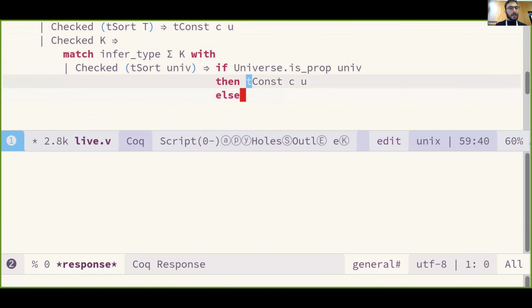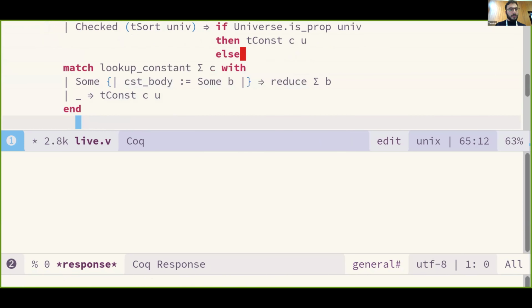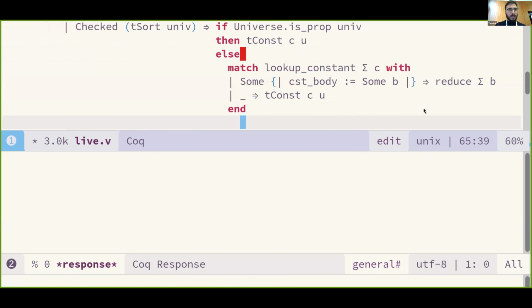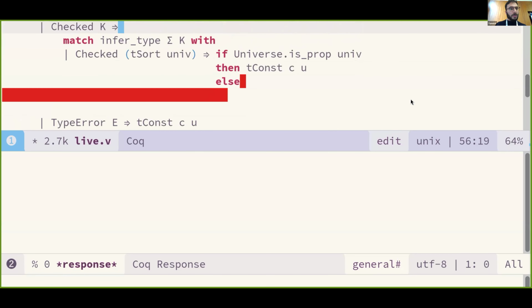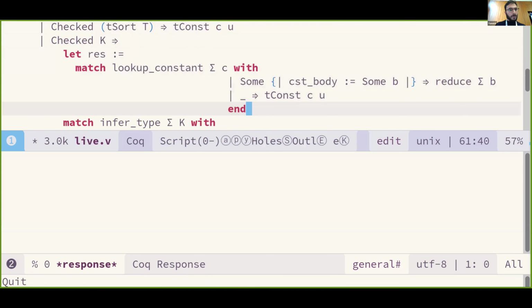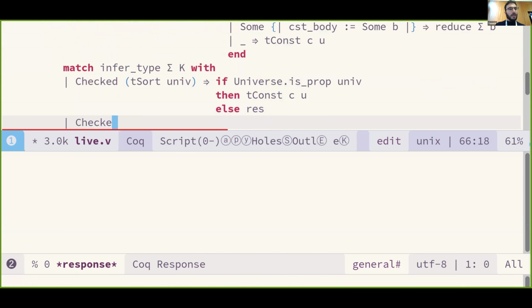And in the other case, we do exactly what we were doing before. We unfold it, we go on. Okay, so that's the case where it's this. Let's bind this somewhere so we don't have to write. Let's do something like this. And now here we return the result we were initially attempting.